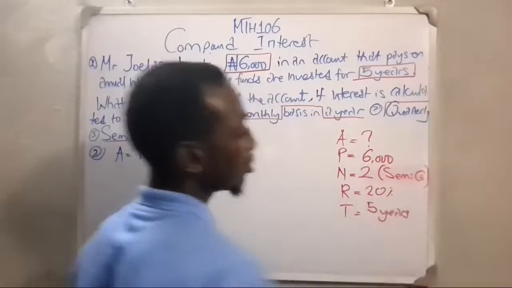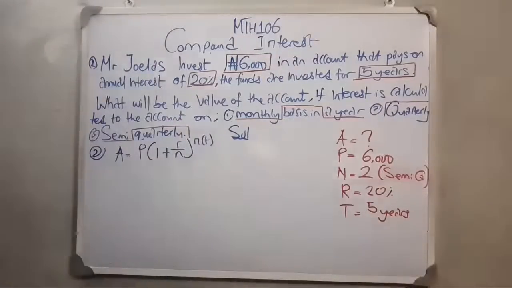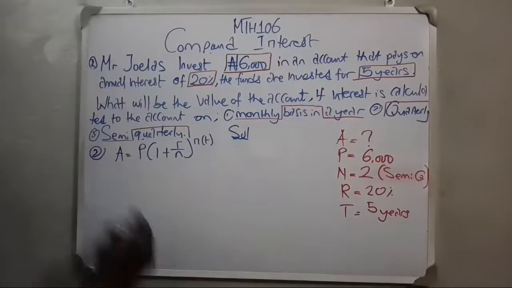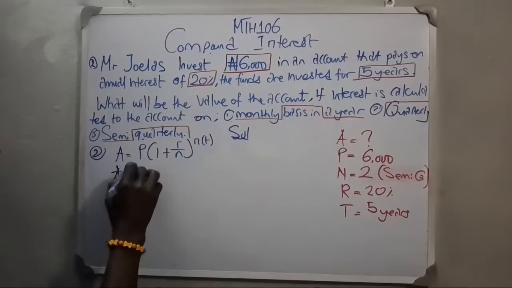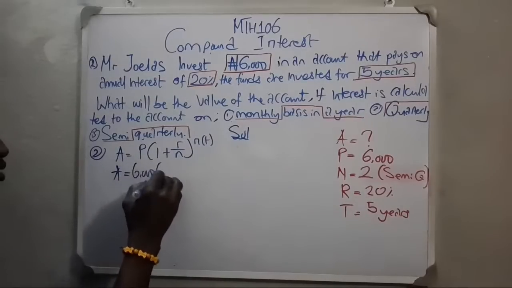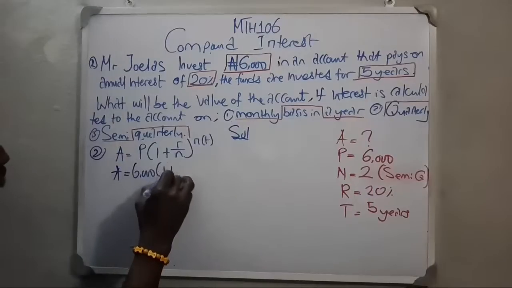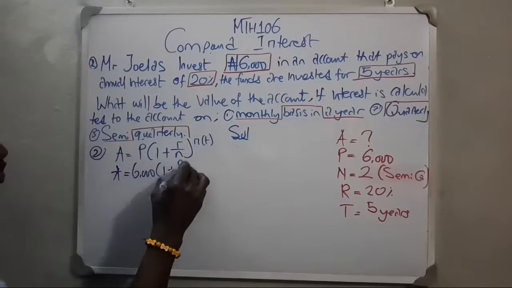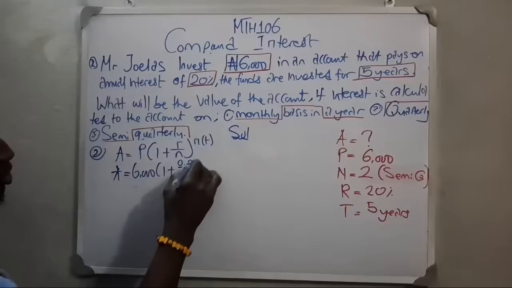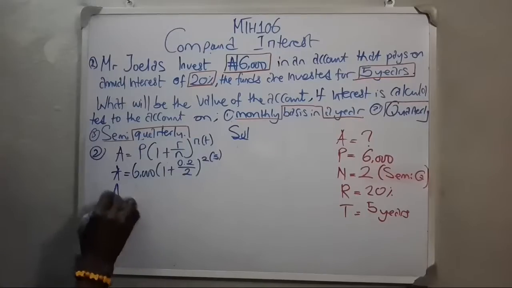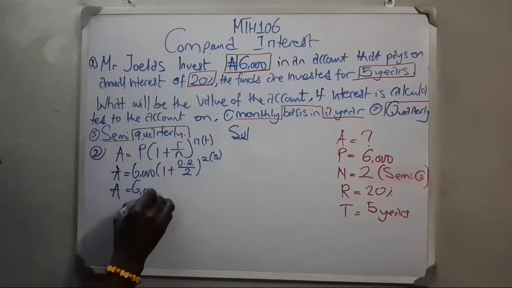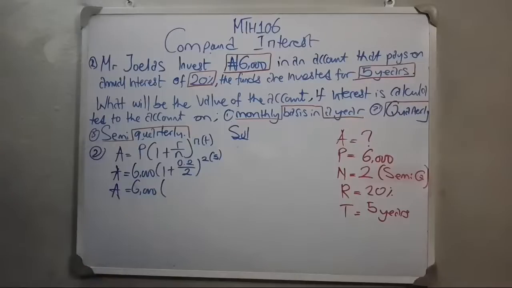So we have A, the same process, with 6,000 naira. We have 1 plus 0.2 over 2 now, and we have 2 into bracket 5. So we have A equals 6,000, and 0.2 divided by 2 plus 1.